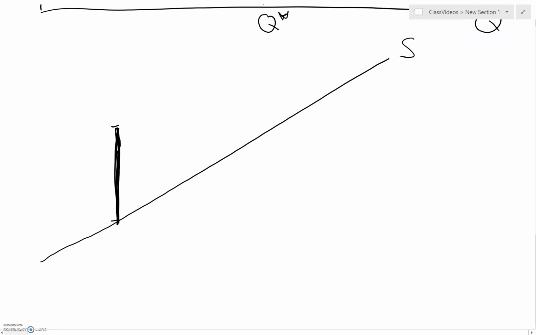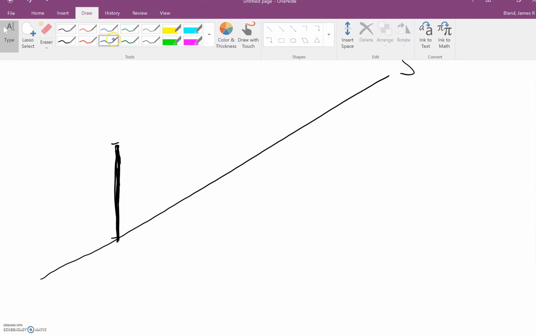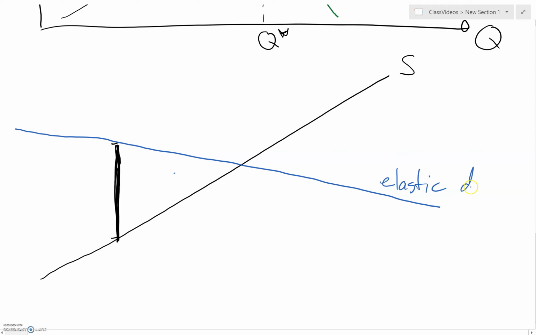And we have a relatively elastic demand curve that's blue. So I'm going to draw this one coming through like this. And so there's our deadweight loss triangle for the elastic demand curve. So this is our elastic demand.